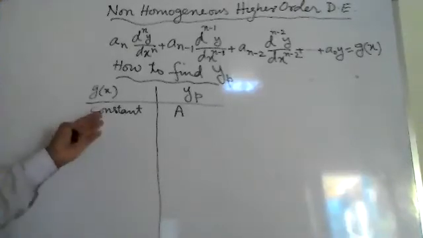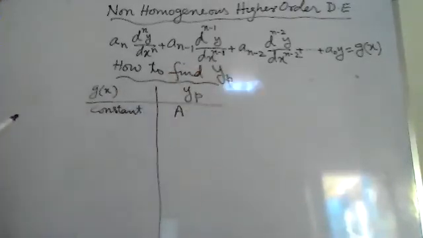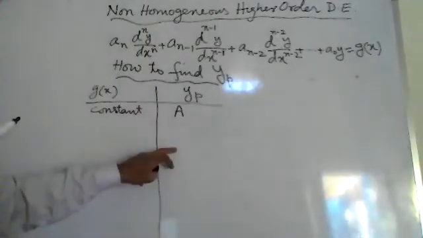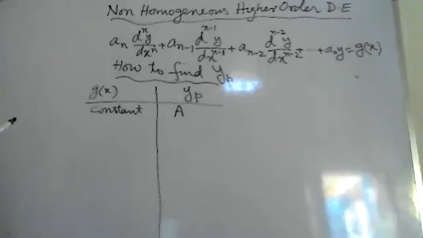Constant means it may be 4, or 5, or 7, or 1 over 2, or minus 3 over 4. We will suppose y_p is equal to a.